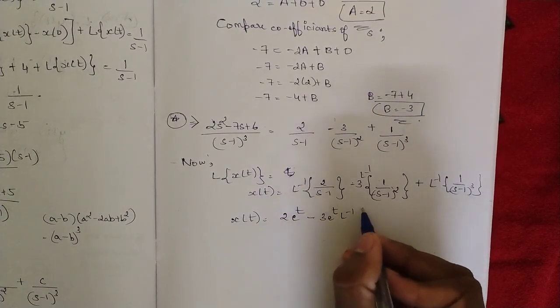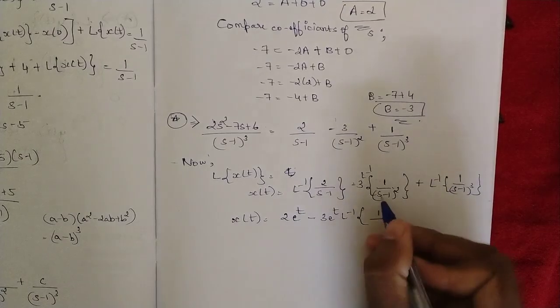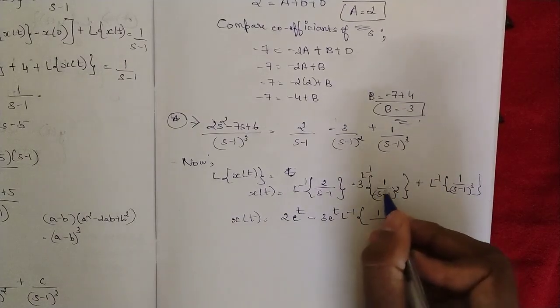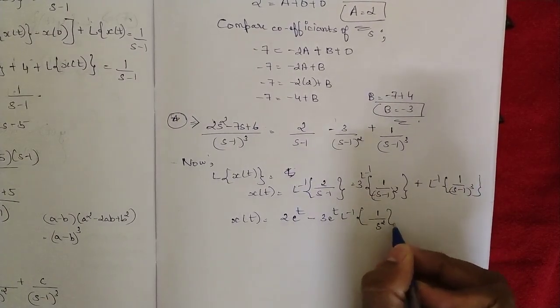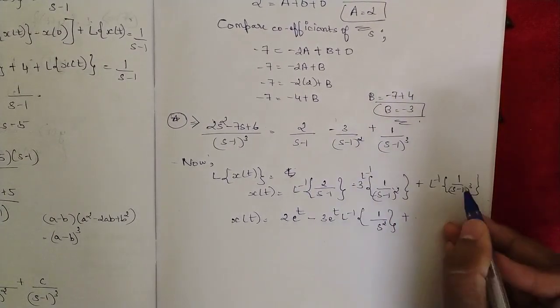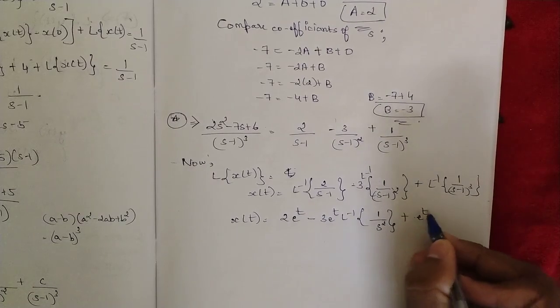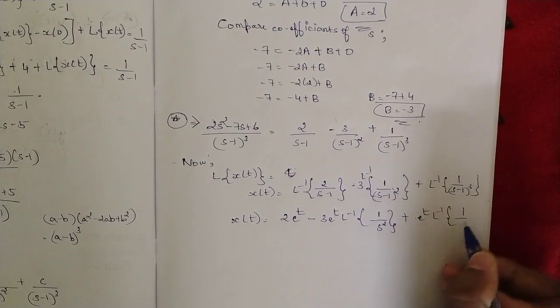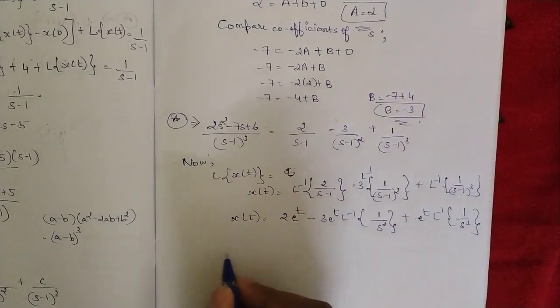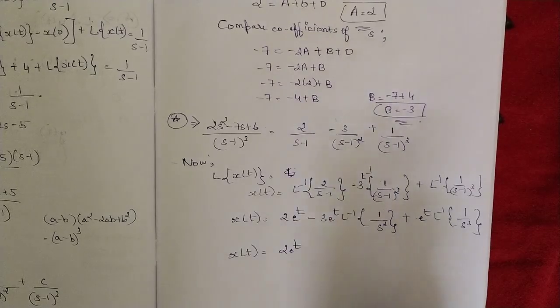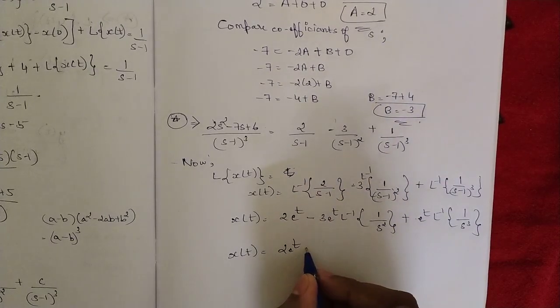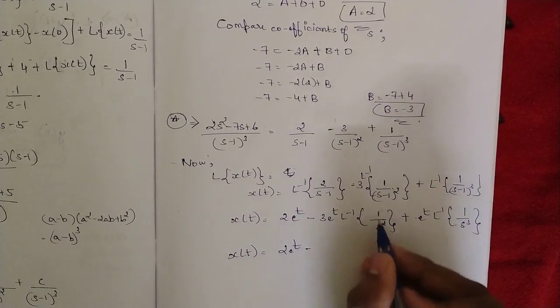Then L inverse of the remaining term, since we have s minus 1 the whole square, we have taken its inverse Laplace transform and written it outside, so we are left with s square. Similarly here, 1 by s minus 1 is again e to the power t, L inverse of 1 by s cube. So x of t is equal to 2 e to the power t minus 1 by s square.